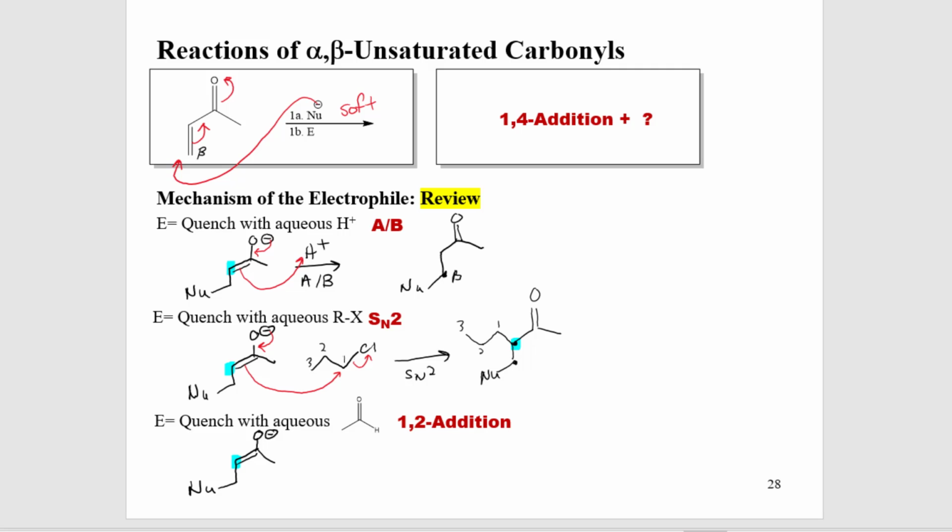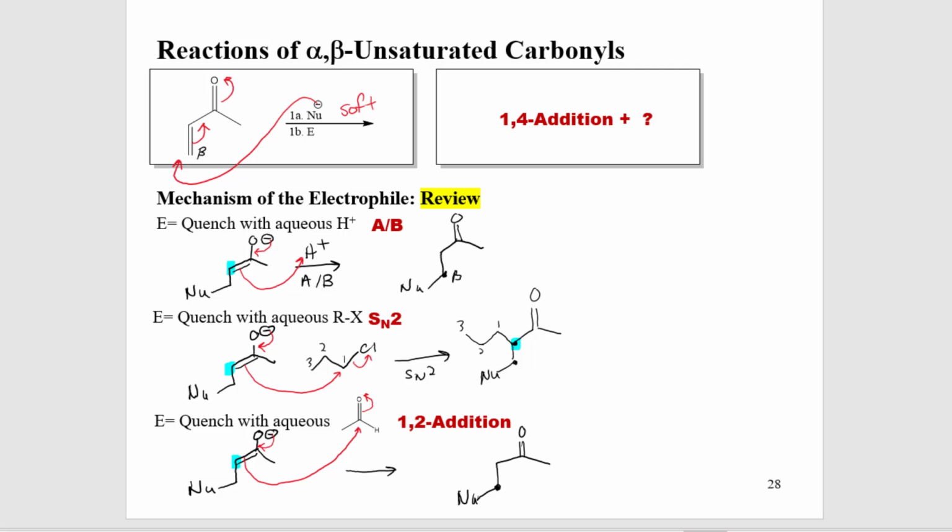Lastly, you can quench with, I don't know, like a carbonyl, like in this case I have an aldehyde. This is a 1,2 addition. The enolate comes down, the carbon attacks 1, 2. And we have the nucleophile still attached to the beta position.